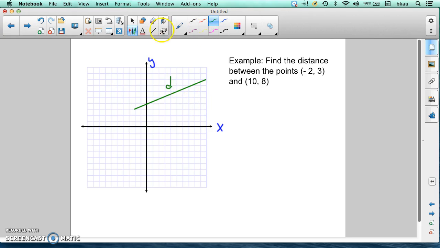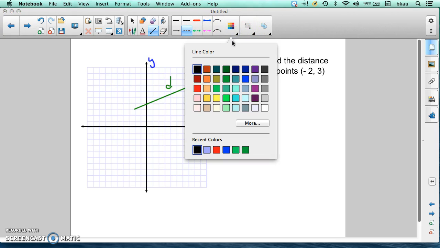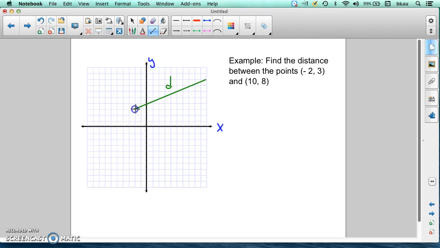Okay, so when we do that, we're going to have two other distances that we're going to deal with here. We're going to be dealing with a dotted line distance, let's make these red, from here.